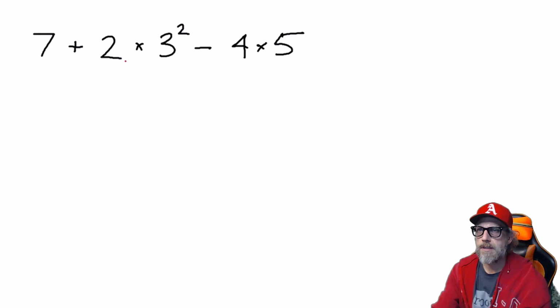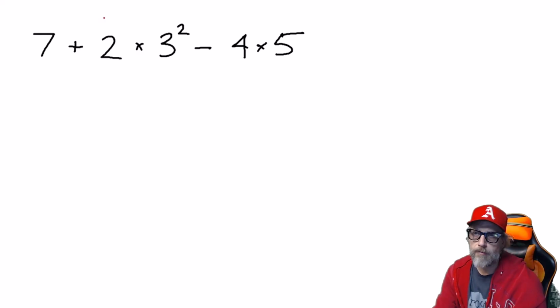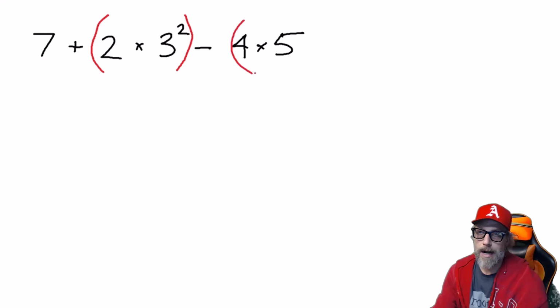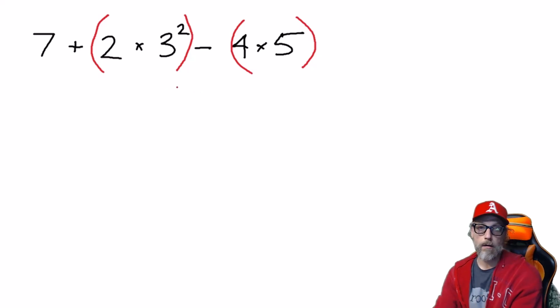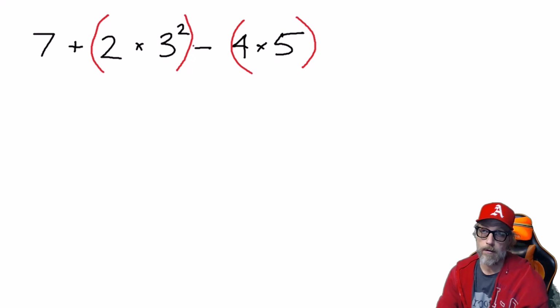Going back to the original expression, it could have been written in a way that would have been even more clear about what operations we should be doing in what order. But even if they are not there, we still have a way that we all do operations in the same order to be able to get to the same numerical answer.